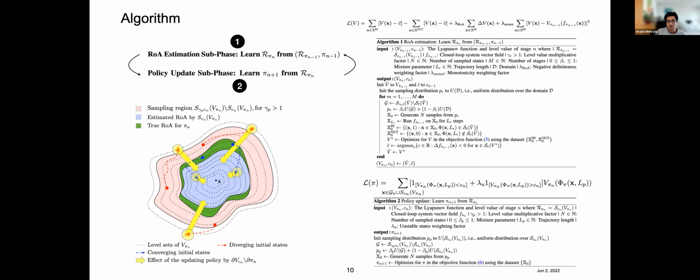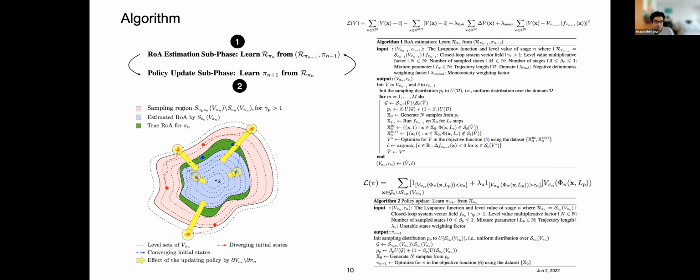The criterion that this policy has to satisfy when optimized this way is that some of the states which are currently negative, meaning that they are unstable around the region of attraction, have to be pulled towards the stability regions. For example, if you look at the figure in the bottom left, the iterative approach for learning the Lyapunov function or region of attraction is shown by these dashed lines.